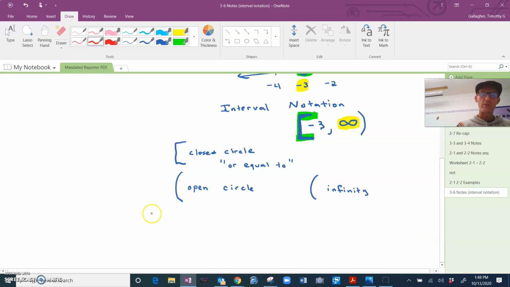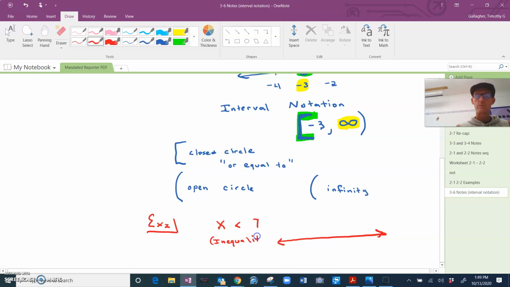All right, example 2. x less than 7. So we can graph it. This is the inequality, x less than 7. This is the graph.